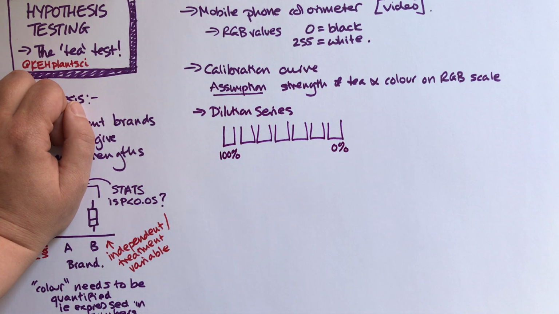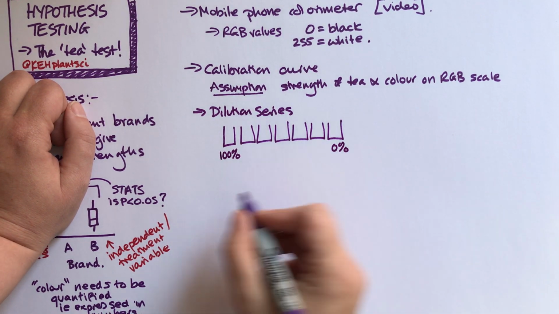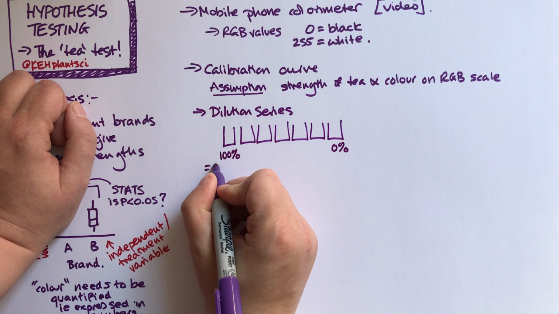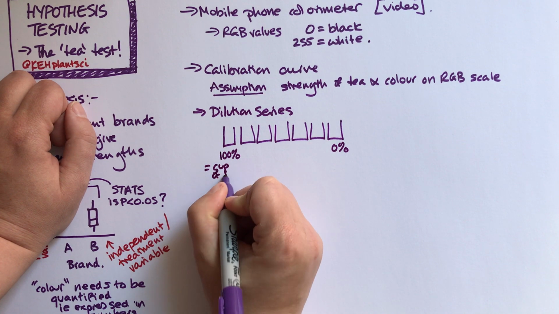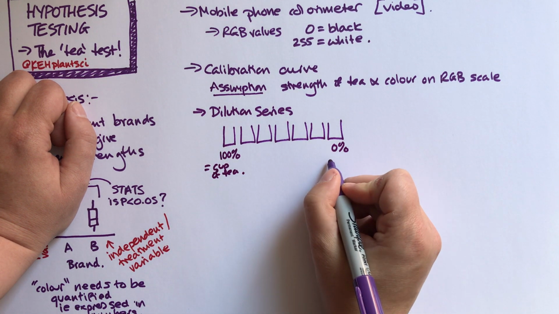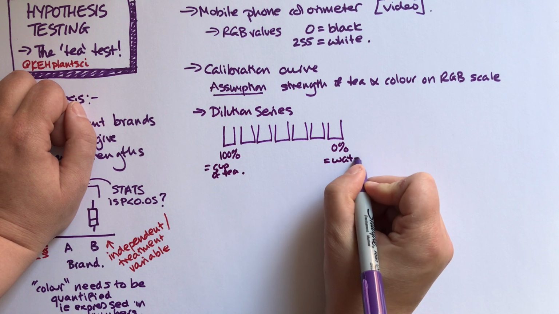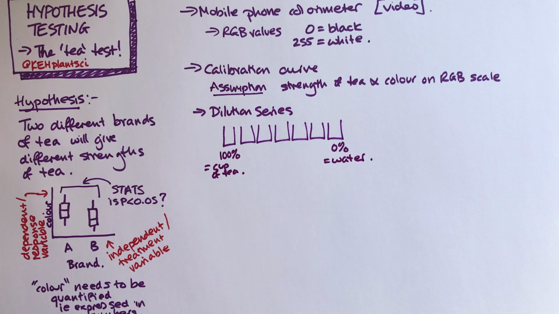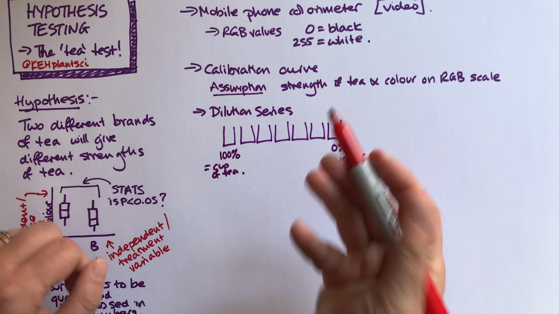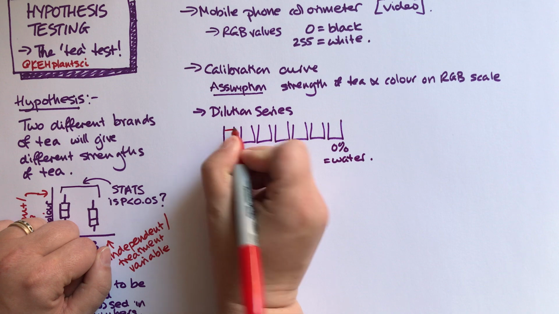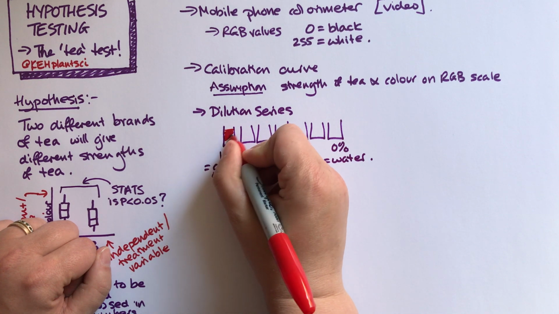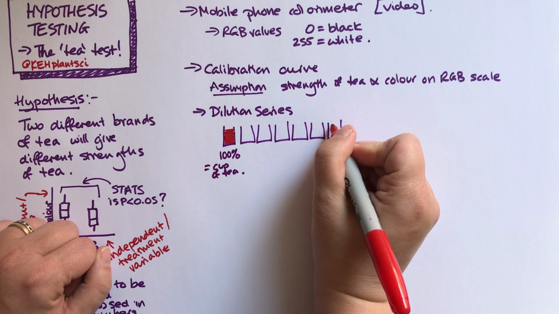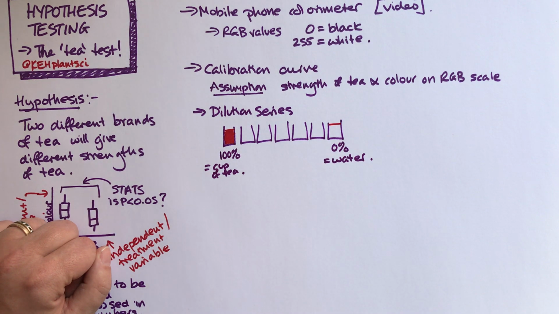In this case, this is the at-home experiment, so the 100% is just a cup of tea and the 0% is water. This is a cup of tea I've brewed for, let's say, a minute in 50 mils of water, and that's my highest strength. I know that is the maximum strength in my experiment, and obviously water is going to be the most dilute.